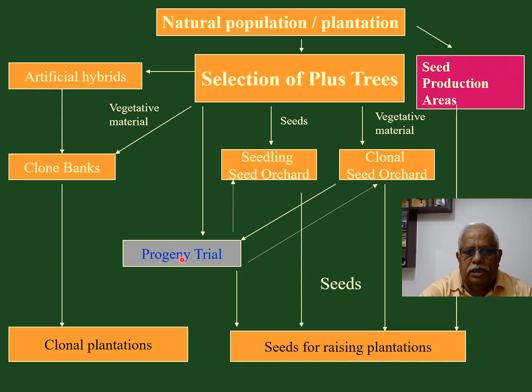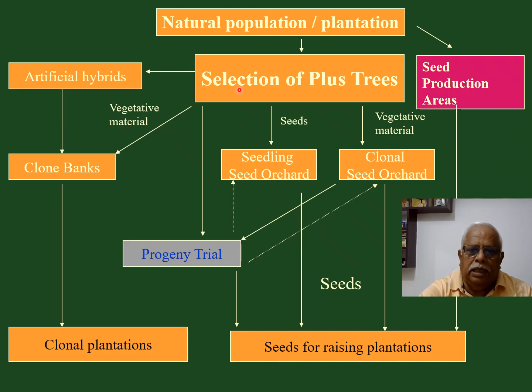So progeny trials are important to know the genetic worthiness of the parent trees. When we establish this orchard, we call it a first generation seed orchard. And when we do culling, we call it a 1.5 generation seed orchard.